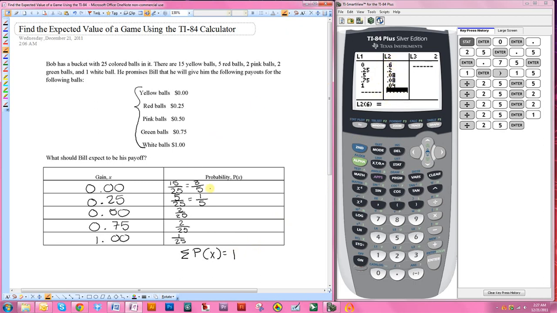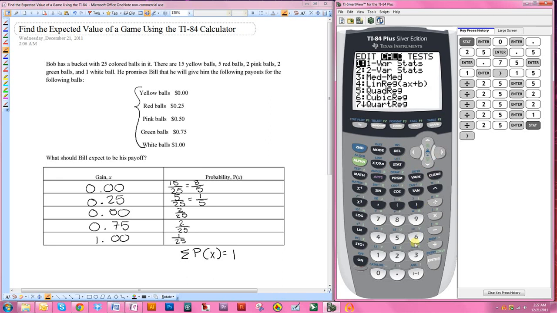So after you do this, you want to find the mean of this probability distribution, also known as the expected value. So all you need to do is hit Stat, go over to Calc, one variable statistics. We put all of our information in L1 and L2, so we just call list 1 and list 2 to calculate it.